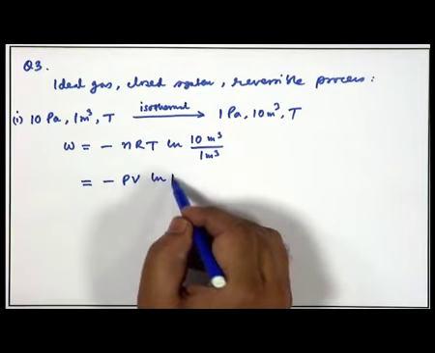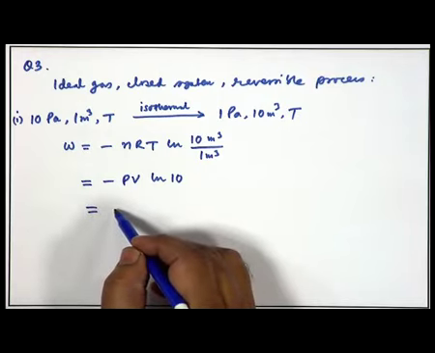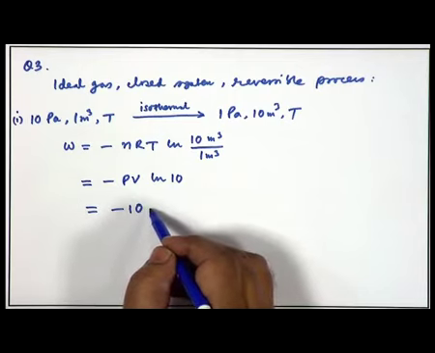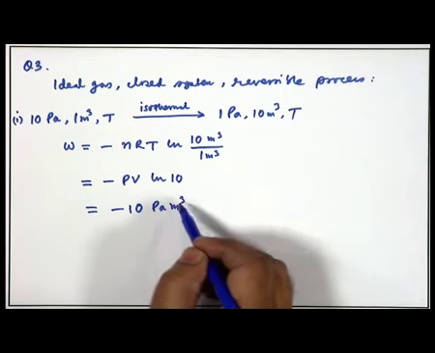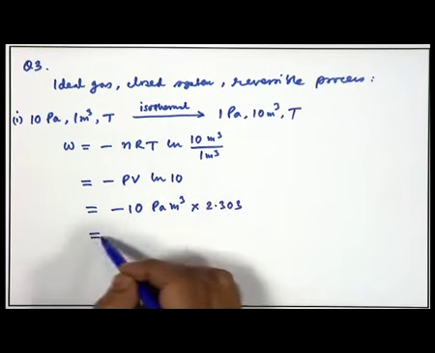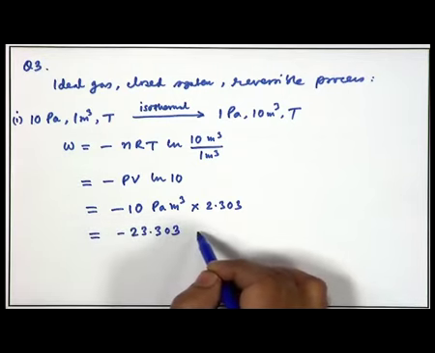So, ln 10, which will give us minus 10 into 1, I will just write 10 meter cube into 2.303, or minus 23.303 joules.